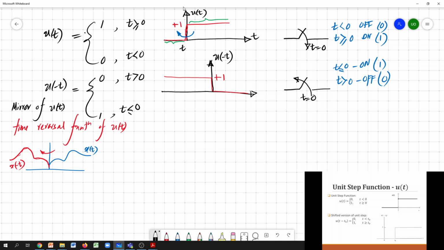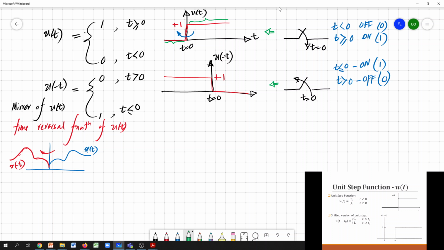So these kinds of switches can be replaced using unit step functions.